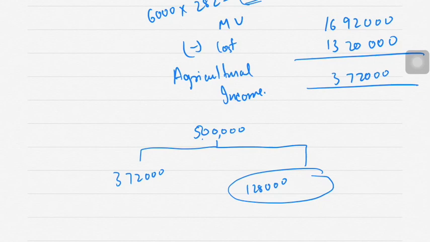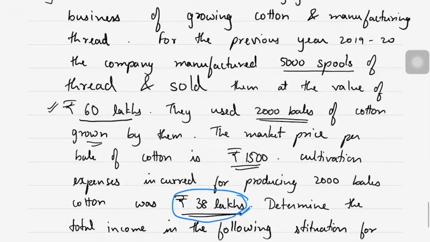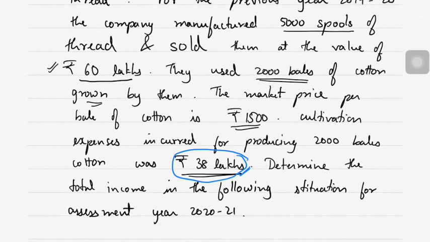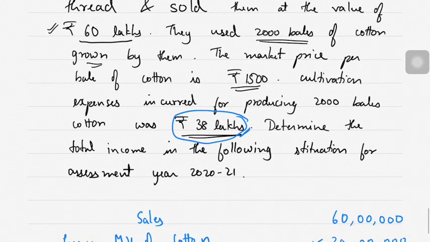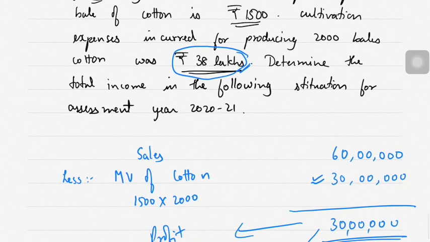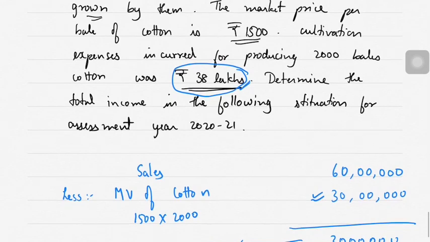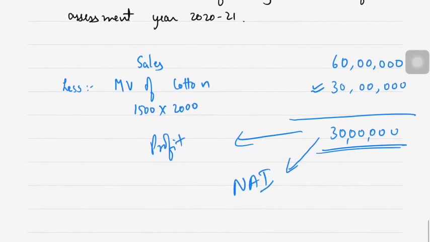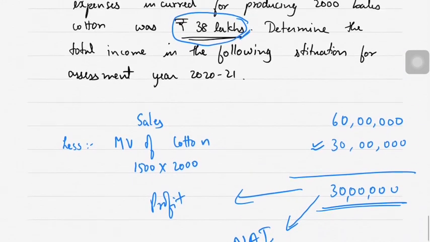So 1,28,000 is the non-agricultural income. Got it? To calculate business income, you have to subtract raw materials, market value of raw material. Now, in the previous question also, in this question, instead of subtracting 38 lakhs, we subtracted 30 lakhs because 30 lakhs was the market value. Okay?